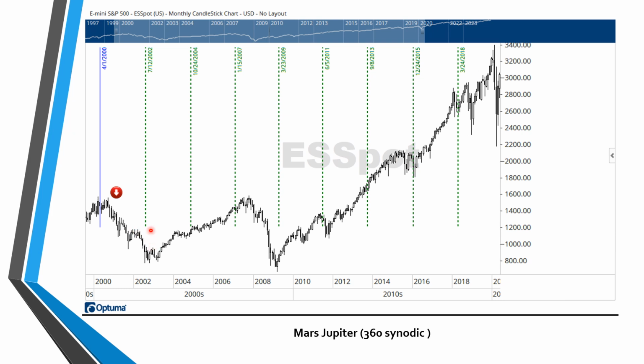And you can see that there's a close alignment to the lows in 2002, very close alignment to the lows in early 2009. Here we align with a bit of a drawdown consolidation. Here again in 2016, we see some good timing, good overlap. Here again in 2018.